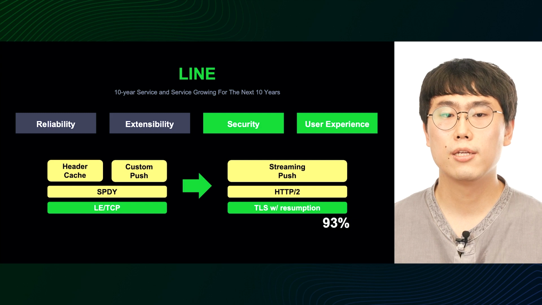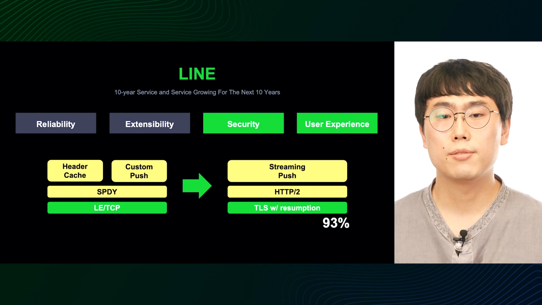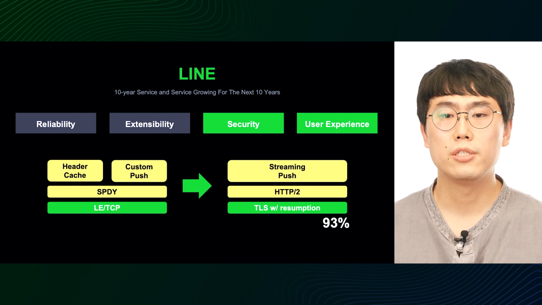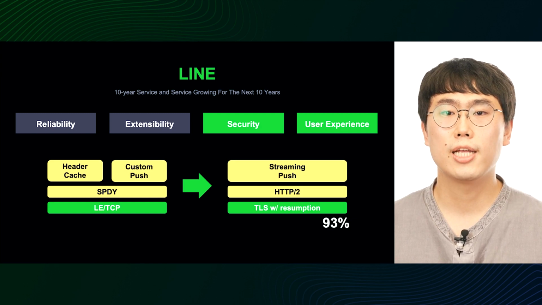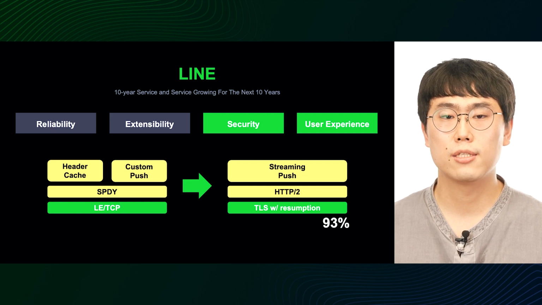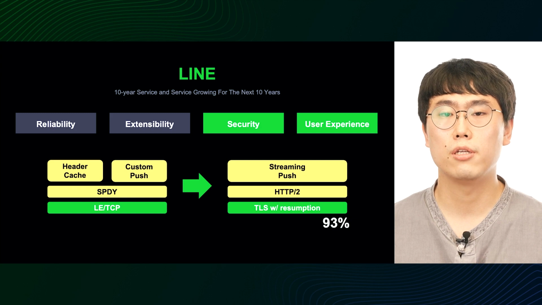For security, we adopt TLS more aggressively. But to reduce bad impact on users, we also adopted TLS version 1.3 and implemented session resumption techniques, session ID and session ticket, for TLS version 1.2. As a result, 93% of connections are using TLS.